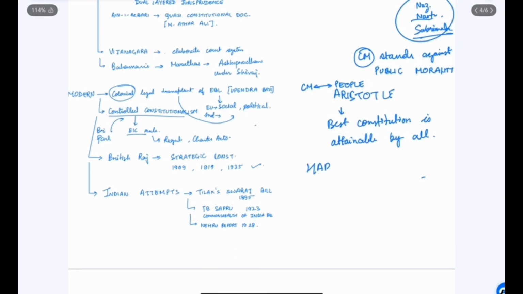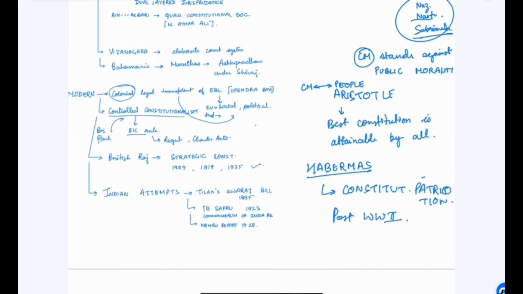another area that we can link it with, Habermas. Habermas has given the concept of constitutional patriotism. And what is this concept? This was a post World War II work.